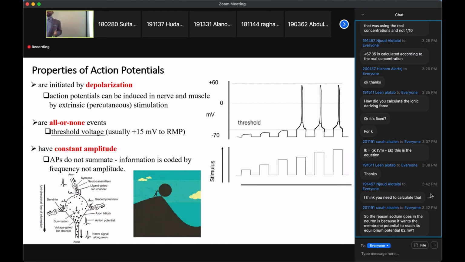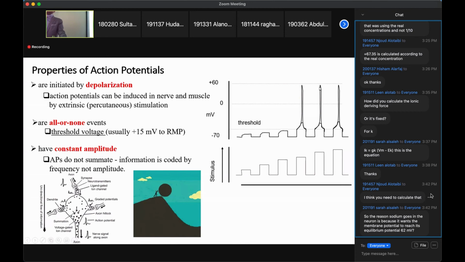The action potential is an all-or-none phenomenon, which is it happens or it doesn't happen, okay? And it also has a constant amplitude. So the amplitude of the action potential, as you can see here, this is the amplitude, it doesn't change.